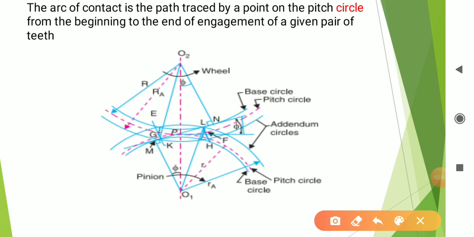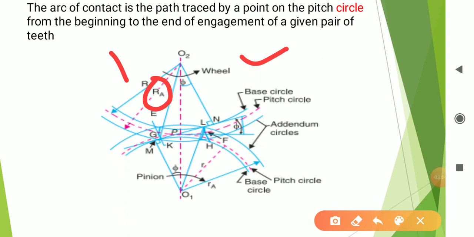This capital R is nothing but the radius of the pitch circle of the wheel. The wheel is the larger gear. Next, this capital RA is the radius of the addendum circle of the wheel. A stands for addendum.